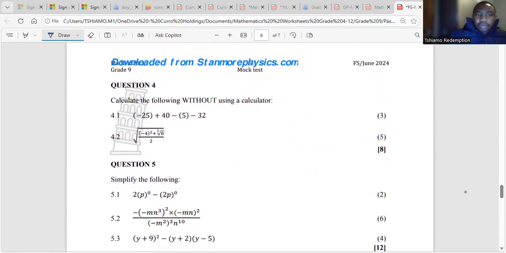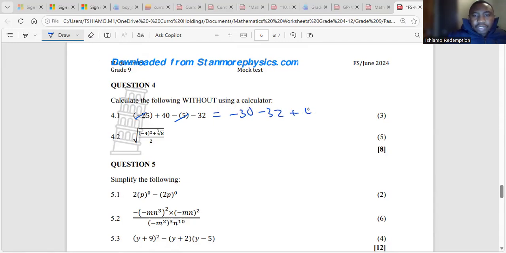Okay. Calculate the following without the use of a calculator. So obviously they want you to do a bit of BODMAS there. What will be the answer? Negative 25, that will give me negative 30.